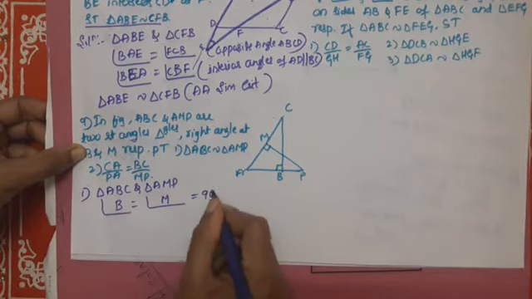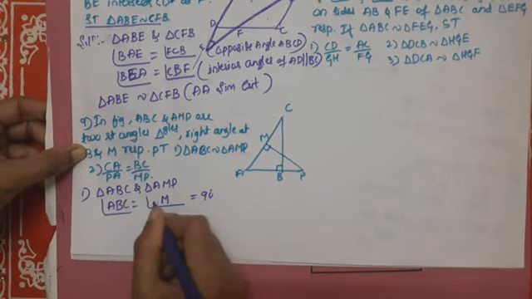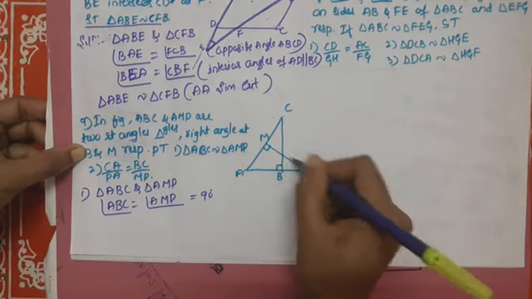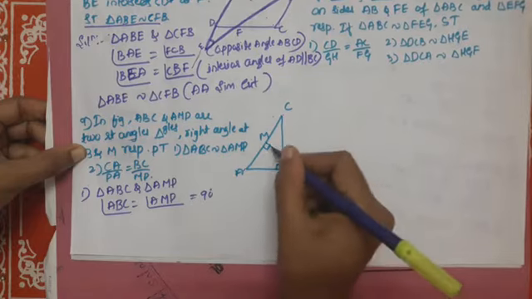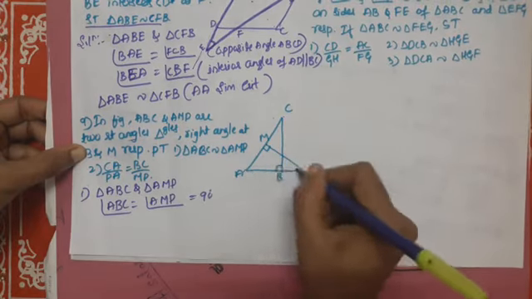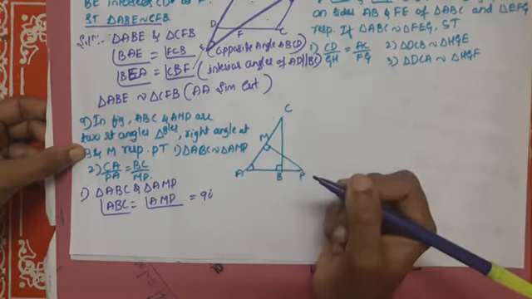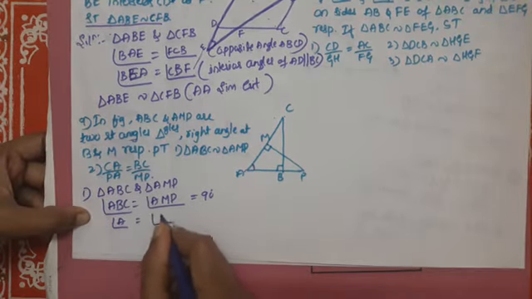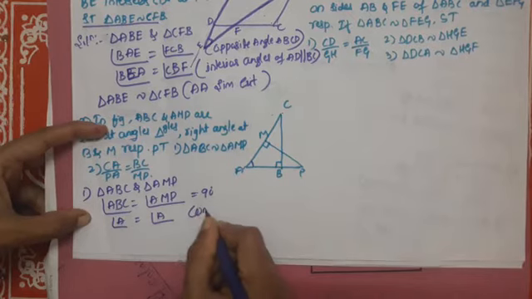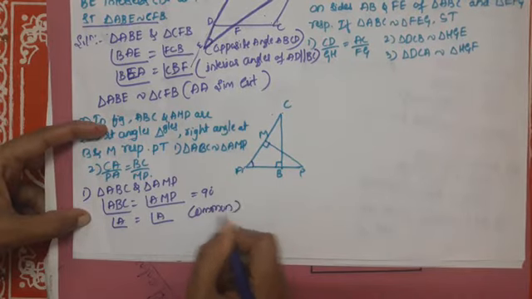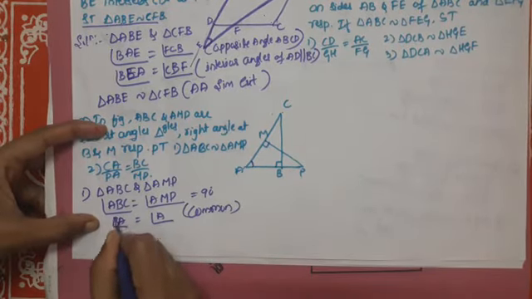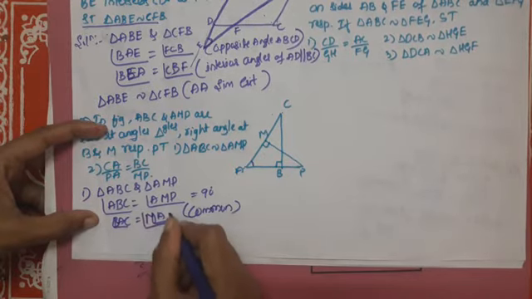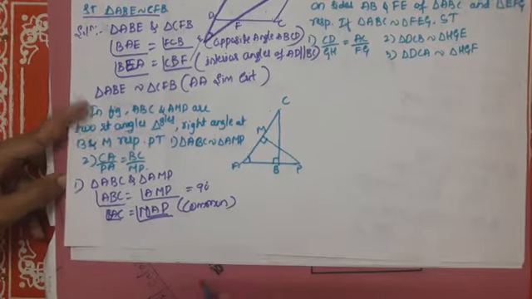So 90 degrees, that is ABC and AMP. ABC is 90, AMC is 90. Seeing in the figure, A is a common angle for both. We generally write this as BAC and MAP.